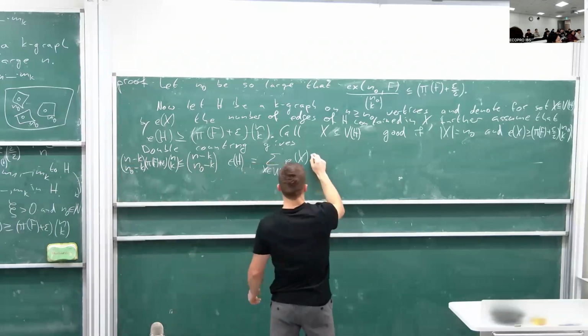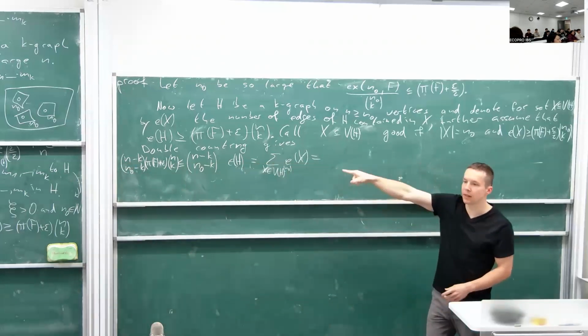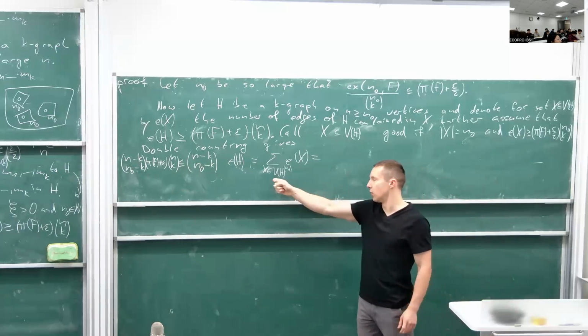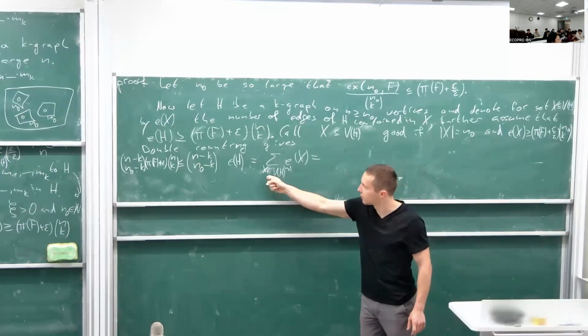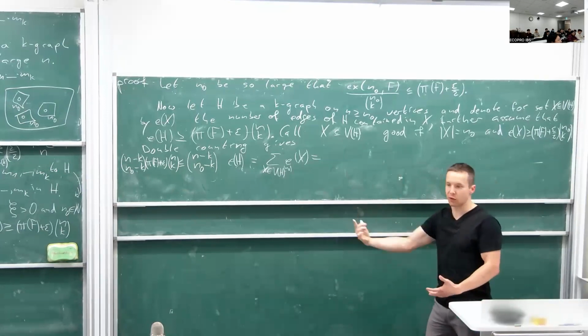Okay, and on the other hand, we can split this sum up into those X which are good and those X which are not good.